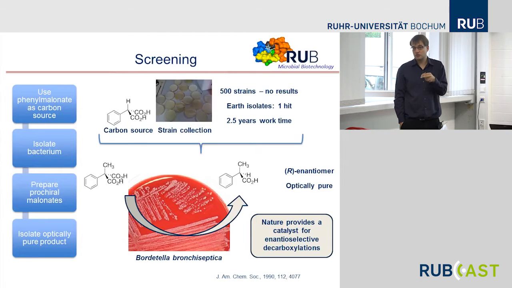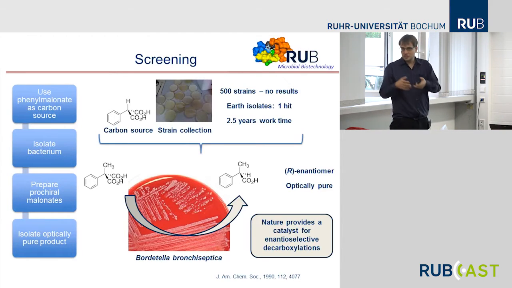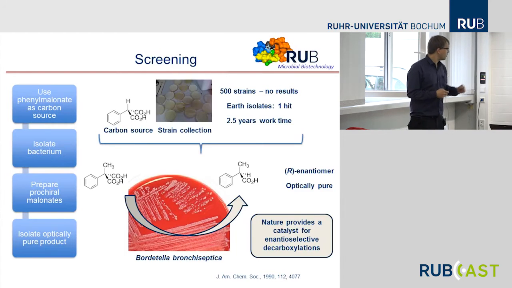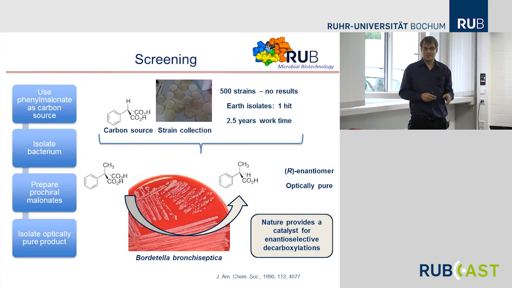A spontaneous decarboxylation, of course, would give the racemate. So this was kind of evidence that there's an enzyme that does the job. So they were quite enthusiastic after 2.5 years. Just think now for a PhD thesis, how would you feel if you had the first 2.5 years with absolutely no results? But they got it, so you see also sometimes it's worth going for a great challenge instead of a conservative one, because he also got his reward.